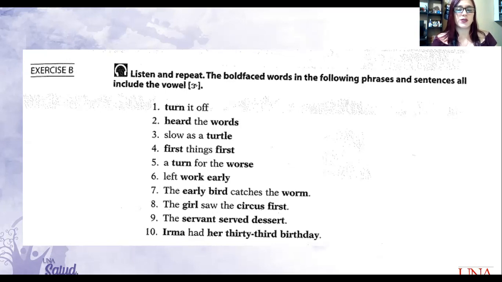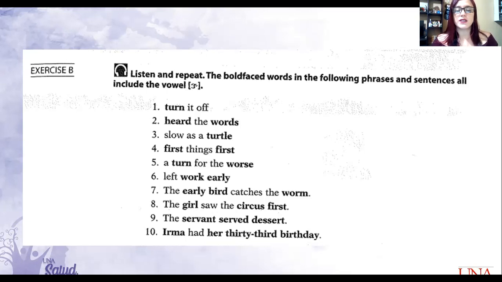It's not turn it off, but turn it off. Number 2: heard the words. Heard is the past tense of hear, so the pronunciation changes completely.